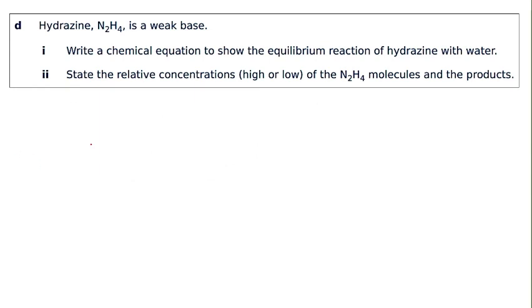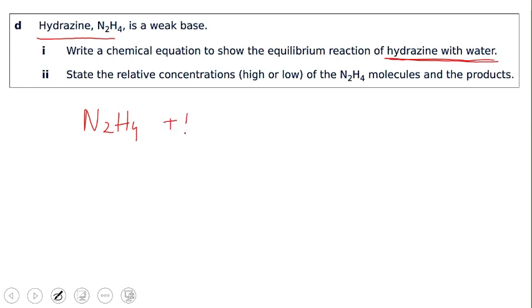So in part D, we have to write the hydrazine equation with water, and hydrazine is a weak base here. The hydrazine formula is N2H4. N2H4 is reacting with water. Because it is a weak base, we will write a reversible arrow here. Now N2H4 has to behave like a weak base.